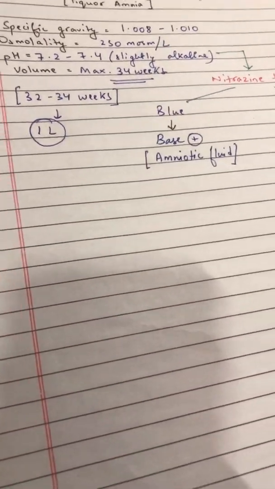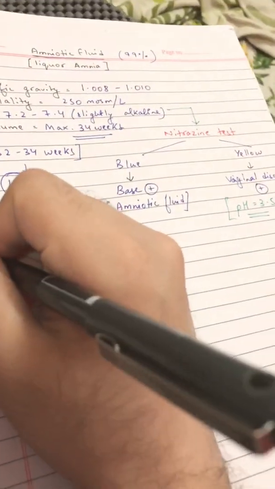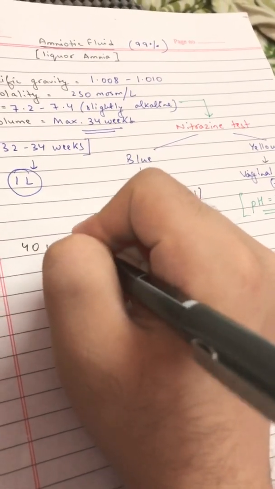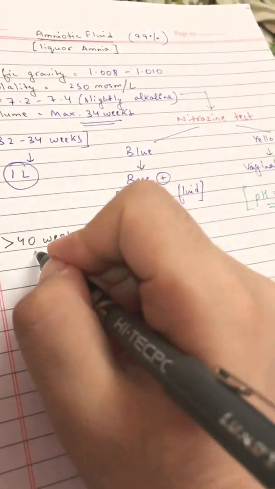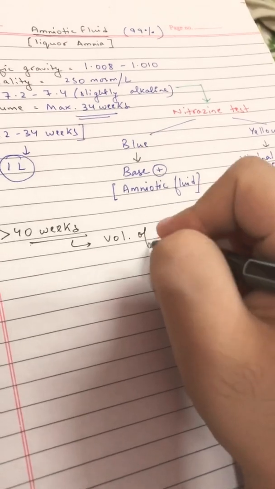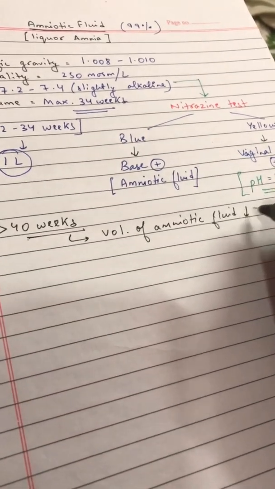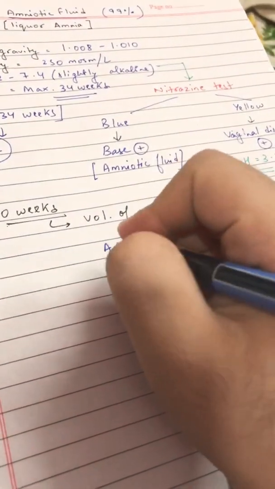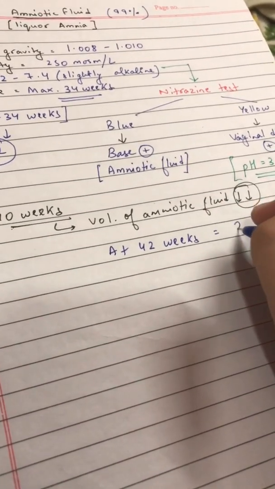Now the next point is whenever there's a post-term pregnancy or any pregnancy beyond 40 weeks, the volume of amniotic fluid decreases very rapidly, and at 42 weeks it's around 200 ml.